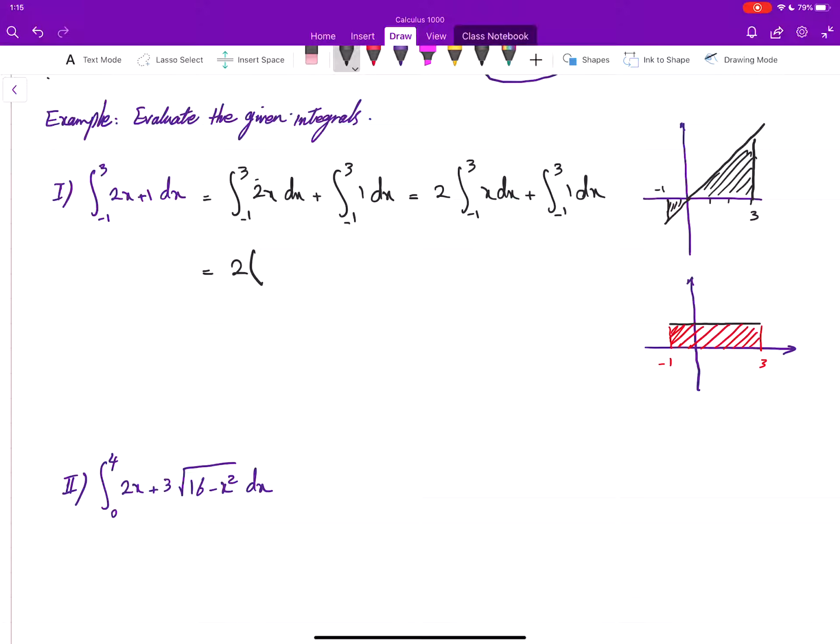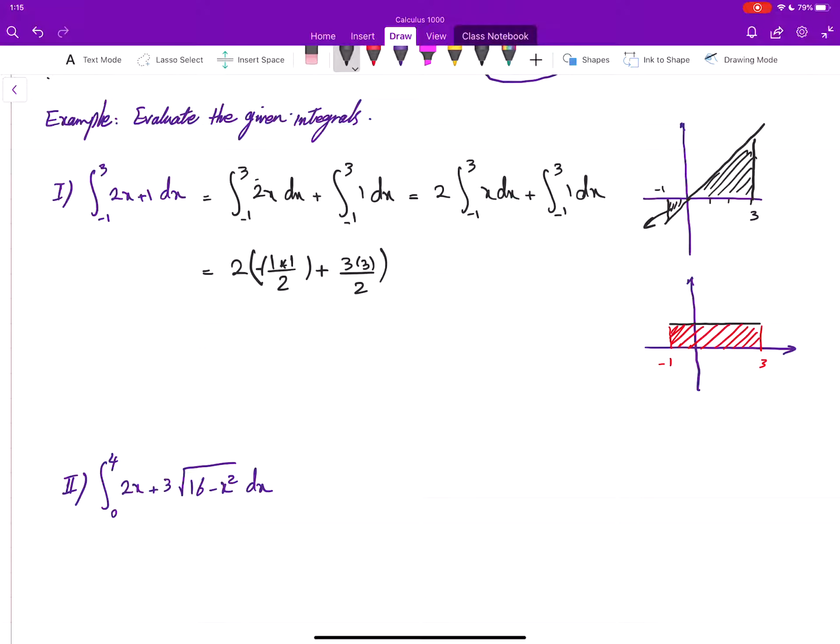So this is 1 times 1 over 2. But since this is on the negative side, we have to put a minus there, plus the area of the bigger one, which is 3 times 3 over 2. That is just the first piece.